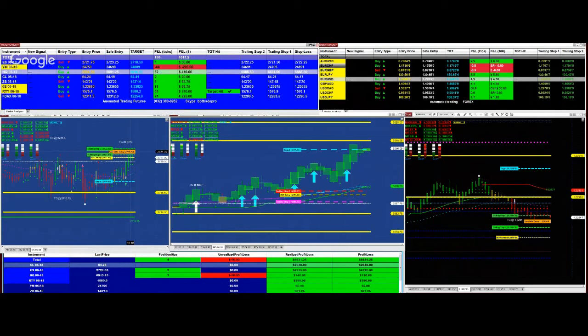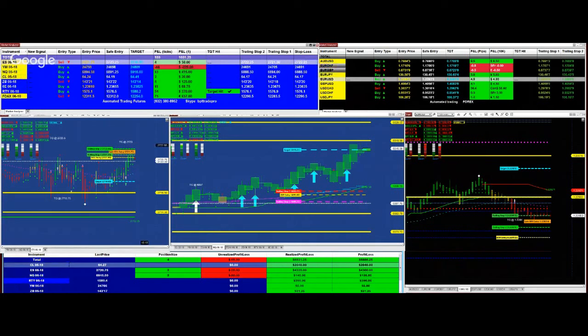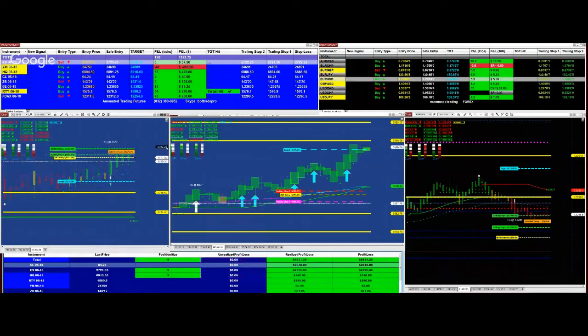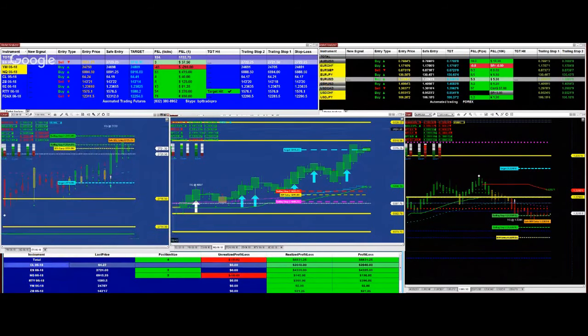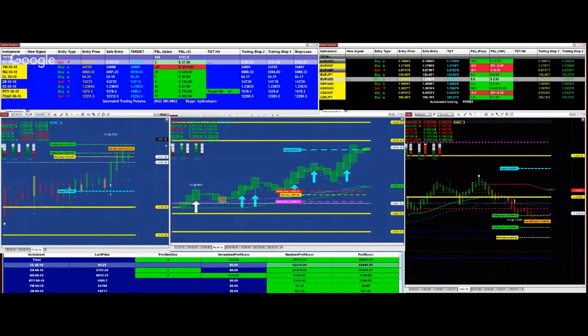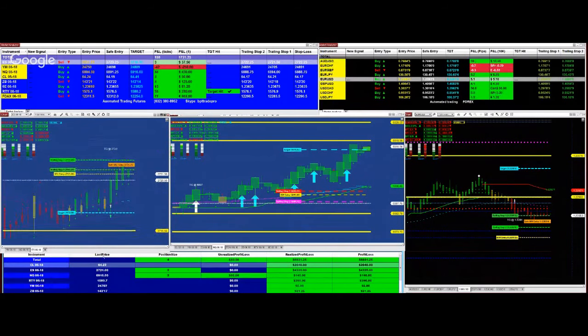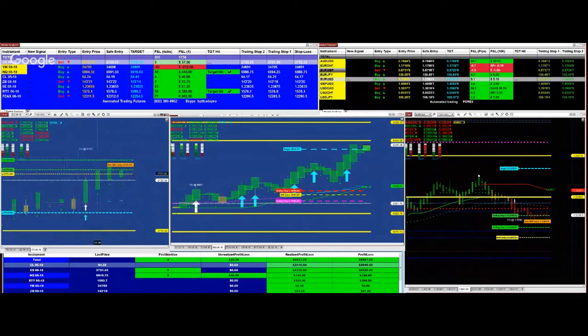If we notice here, on the re-entry point on the ES, we have 23.25. Let me see if we can make it a little bit bigger so you can see the details, if this will help you understand what's going on in the market. So we can see this is your safe entry.